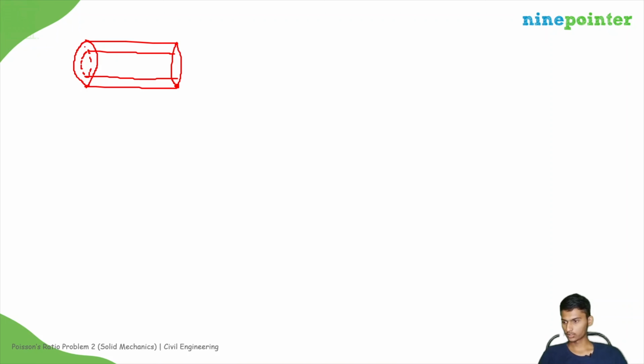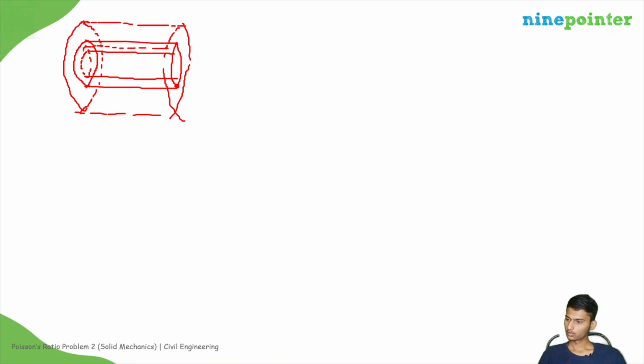This diameter will go to here, and this diameter will go to here. So this will be the final. You understand the situation. Initial diameters are d1, d2, and final diameters are d1 dash, d2 dash.